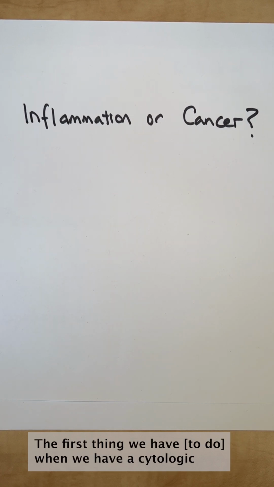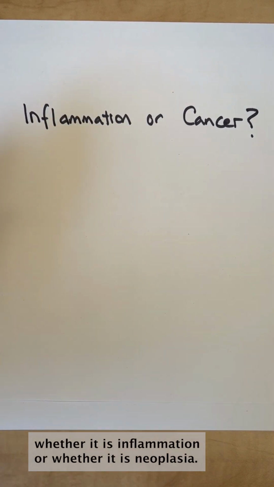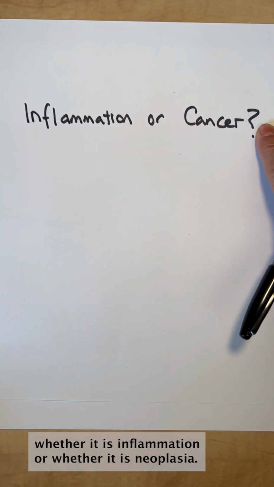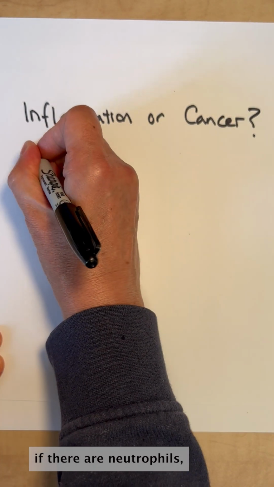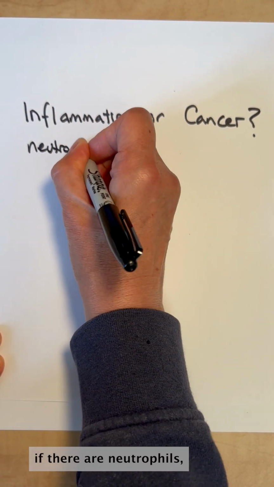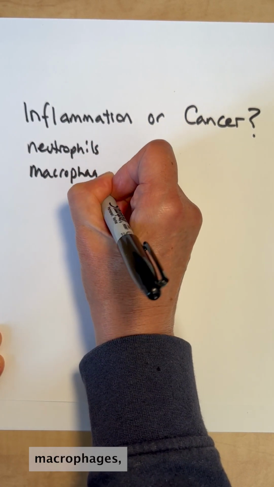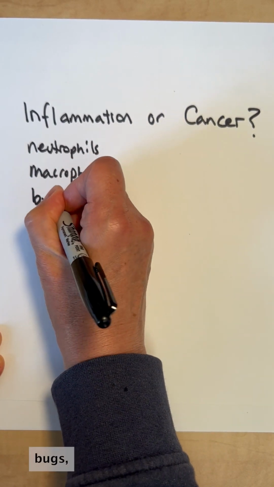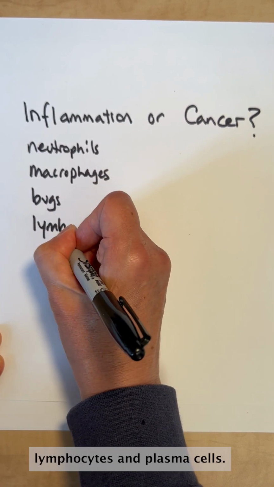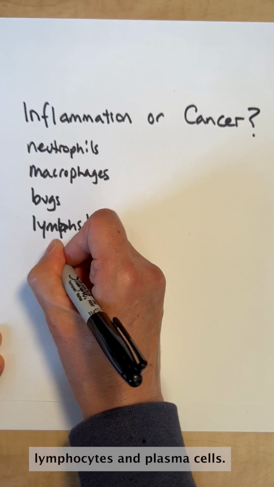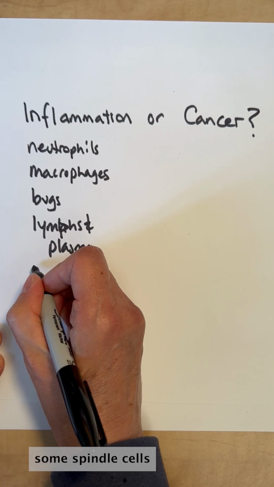The first thing we have when we have a cytologic specimen of any origin is we have to determine whether it is inflammation or whether it is neoplasia. The way we recognize inflammation is if there are neutrophils, macrophages, bugs, lymphocytes and plasma cells, and sometimes you'll see some spindle cells.